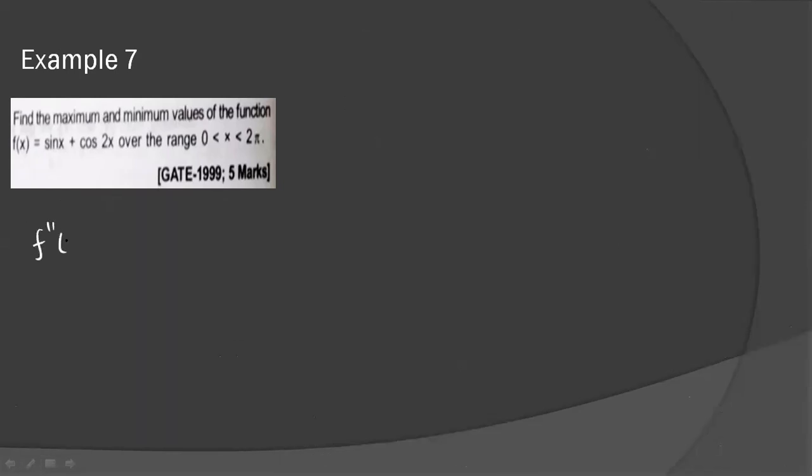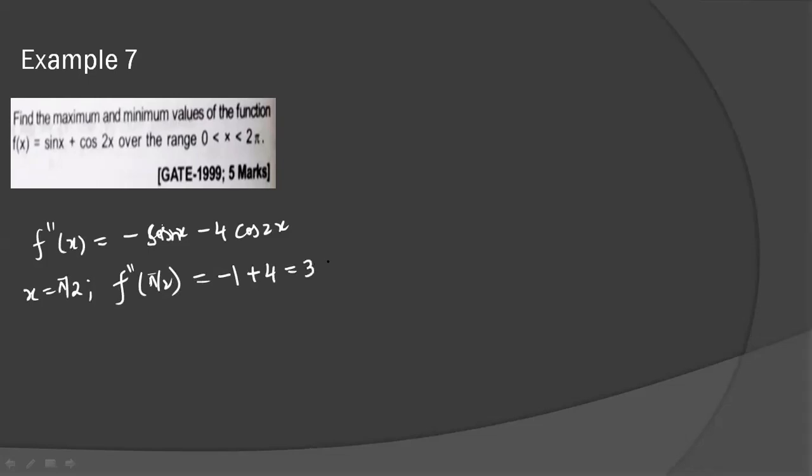What is your double derivative here? Double derivative is minus sin x minus 4 cos 2x. And at pi by 2, I have already told you, f double dash pi by 2 is minus 1 plus 4. So it is 3. It means it is a point of minima.